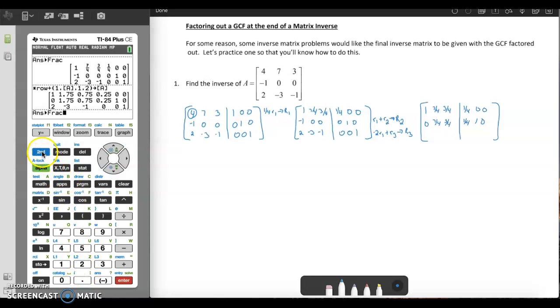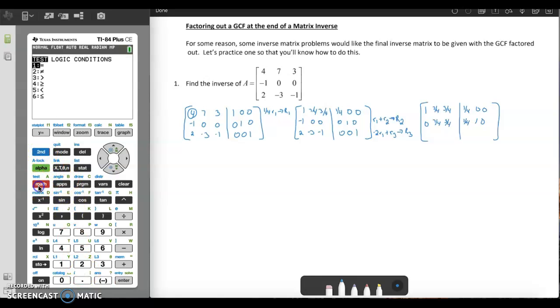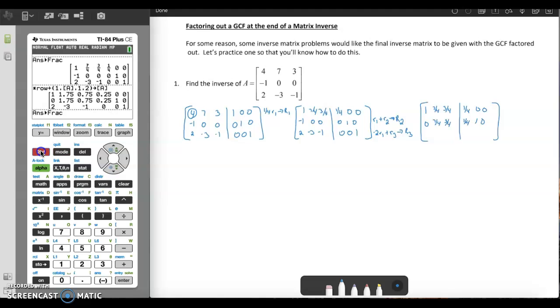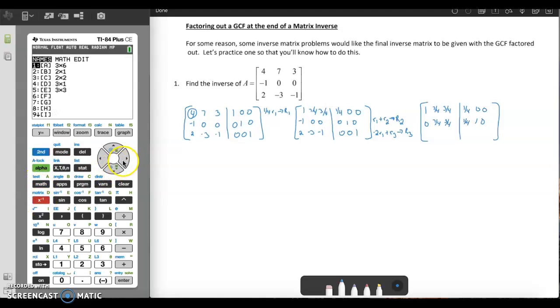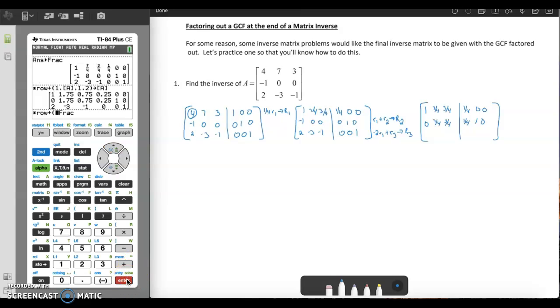Okay, let's do that next one. So now we're going to do second matrix math again, times row plus again.